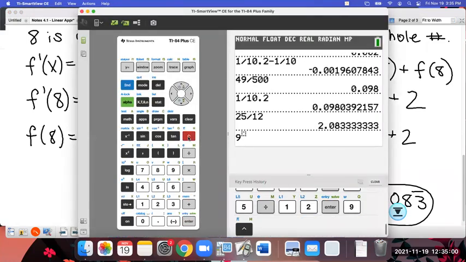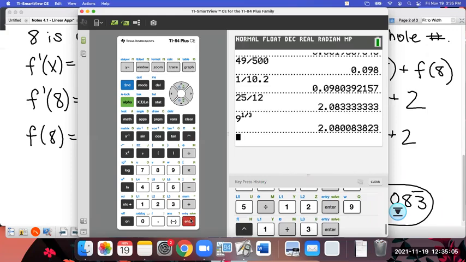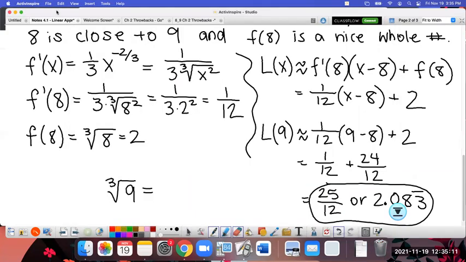I'll just write that as 9 to the 1/3 because I don't feel like going into the math menu. All right, so I'm going to take this to the same number of decimal places that I have on my paper, so 3. So our estimate is technically bigger than the actual value.